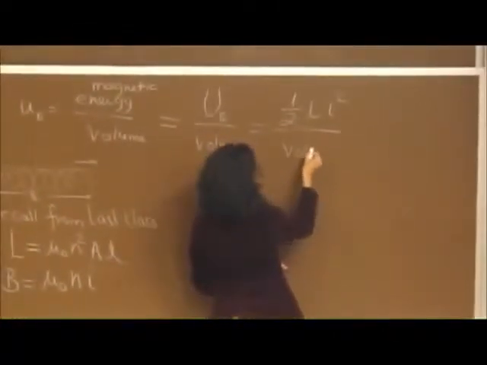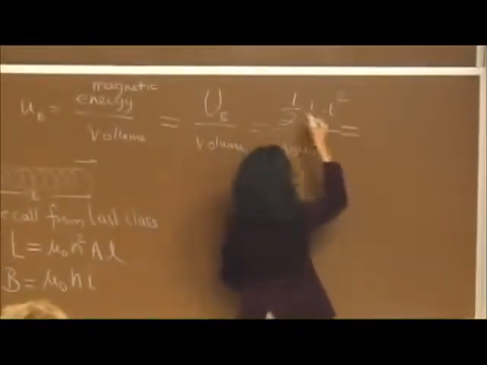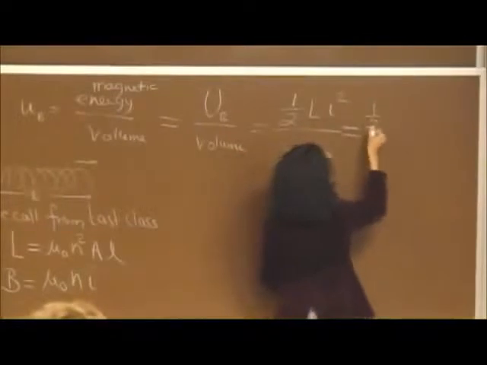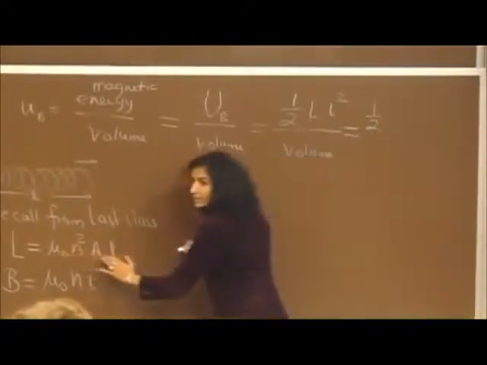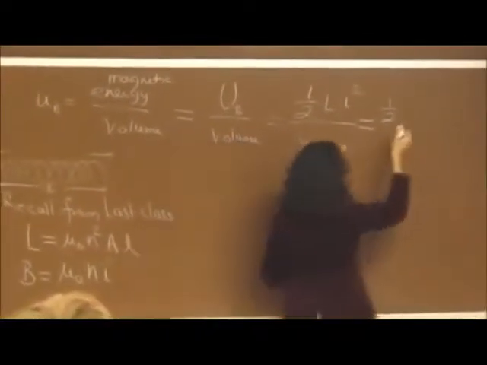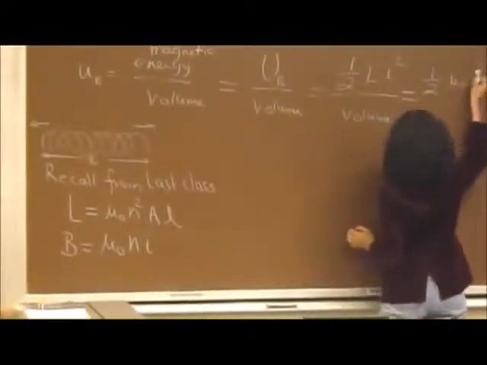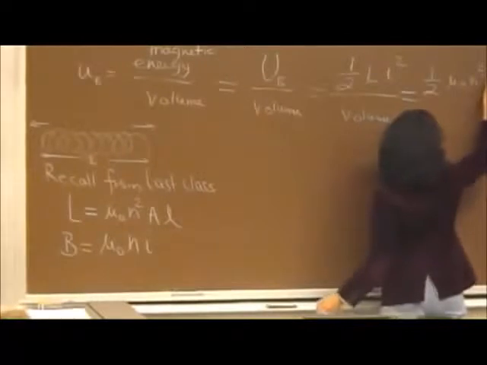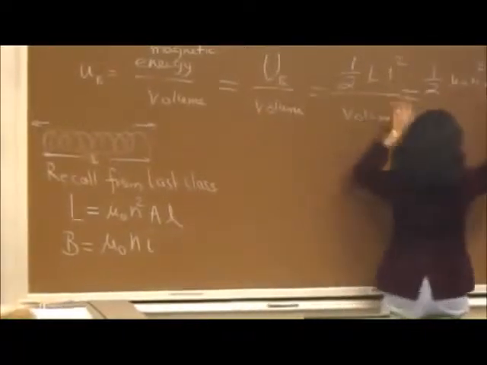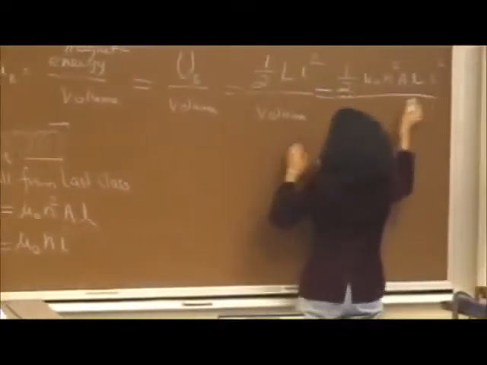Let's make use of that. What we will see here is that we have half, instead of L, I'm going to write this. So let's write for L this thing, mu 0 n square A l times I square divided by volume.